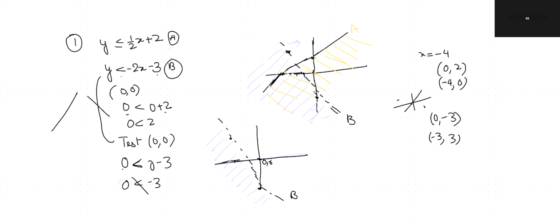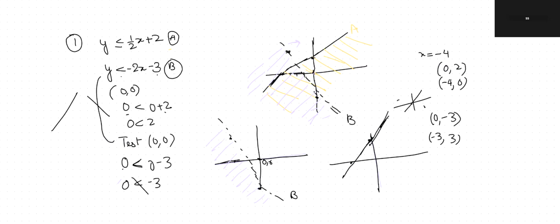And for equation A, I'll draw again just to get a clear idea. It was 0, 2 and -4, 0, and it was a solid line. And remember, because the slope was positive, the line was going up.